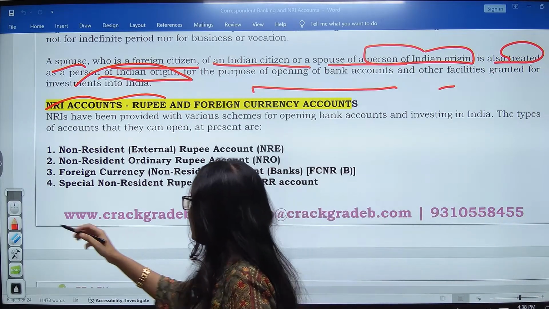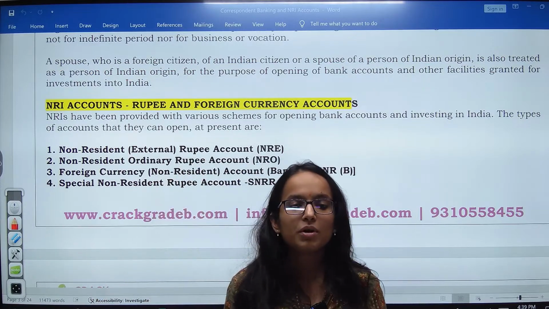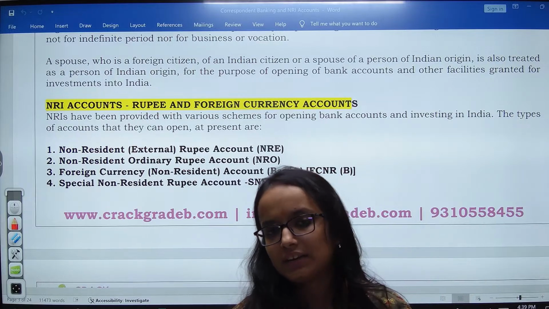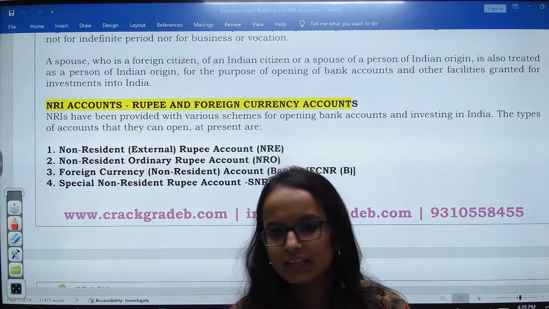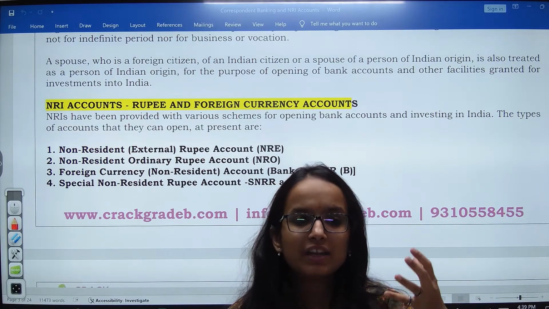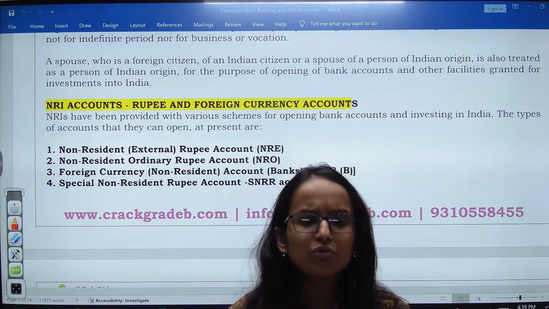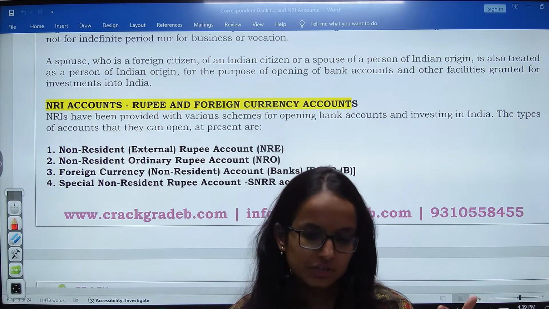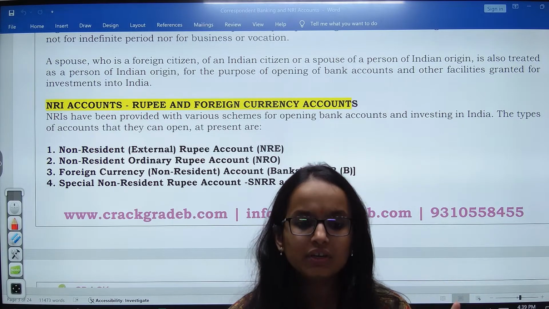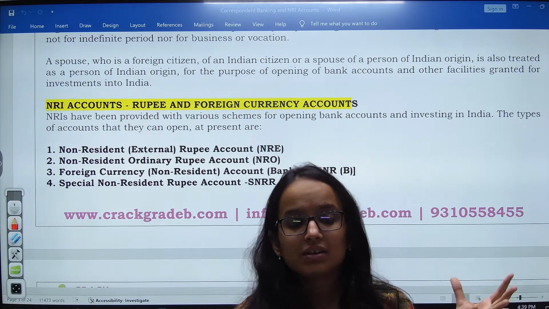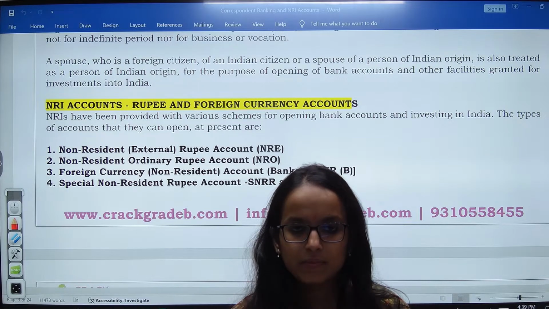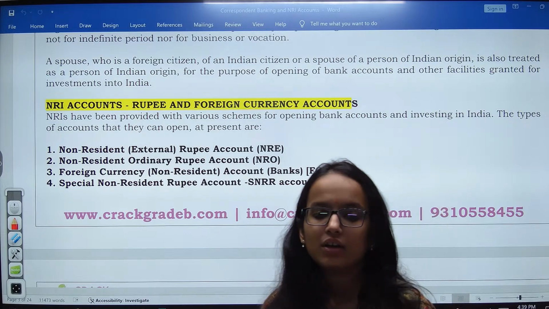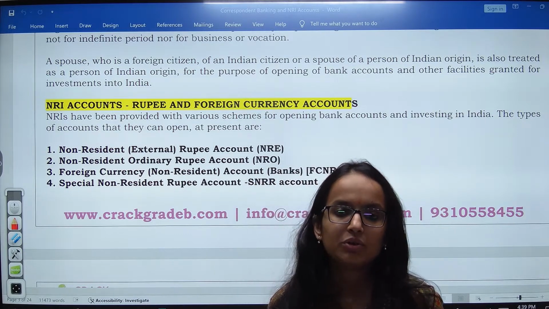So, these were some of your definitions which you need to remember. I know these are complicated, a lot of laws, guidelines and clauses written, which become very cumbersome to remember. We generally tend to forget these clauses, but with a number of revisions you will be able to retain them. You should retain them because direct case studies can be asked on these things. These are important, and with multiple revisions you will be able to remember.